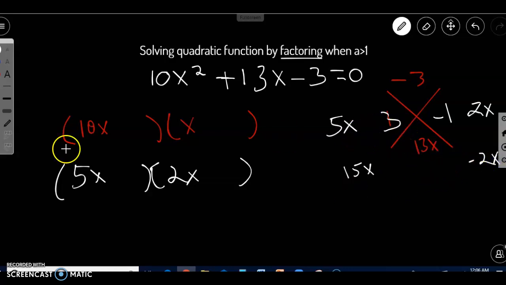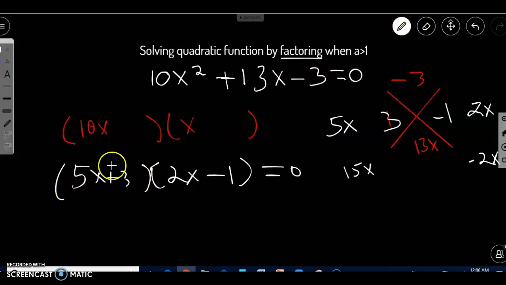So this will work perfectly. So here we put +3 here, and here -1 here equals to 0. So these are the factors. We are able to find the factors here of this quadratic function.